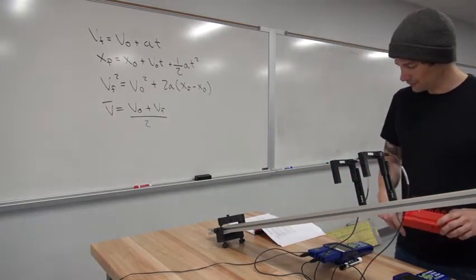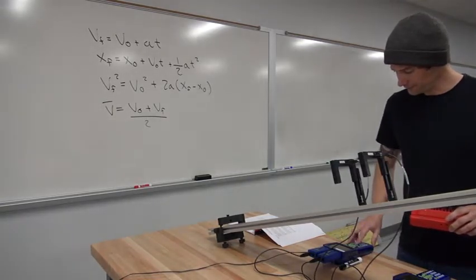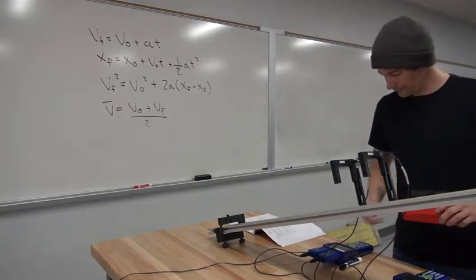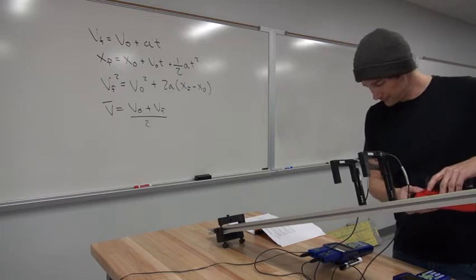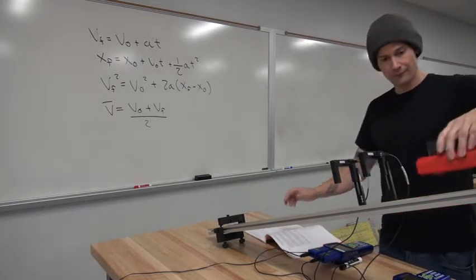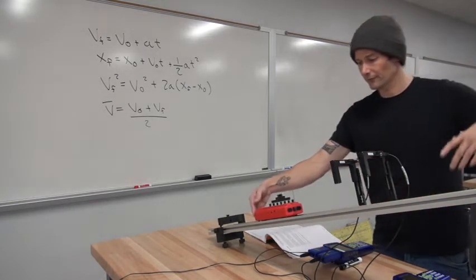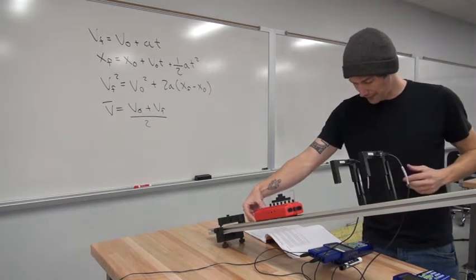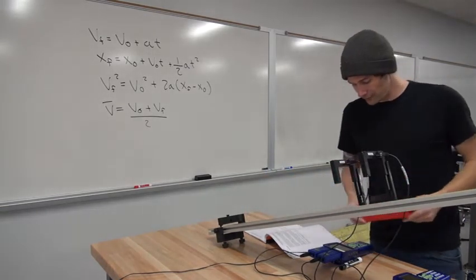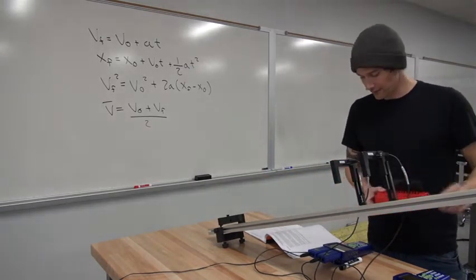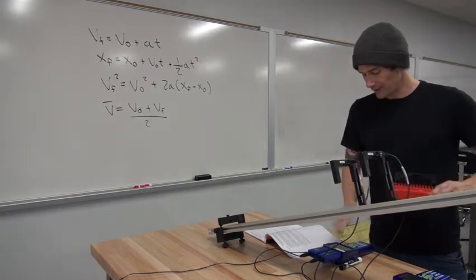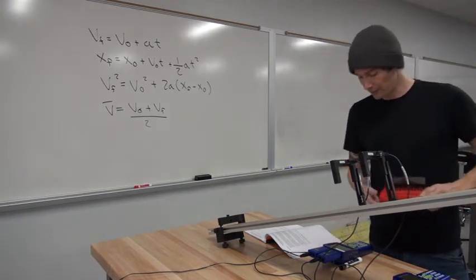Alright, let's knock this out. I'll start with the first run. And here we go. Alright, first run, that was 1.12 meters per second. That was our initial velocity. And the velocity in gate 2 was 1.36 meters per second.